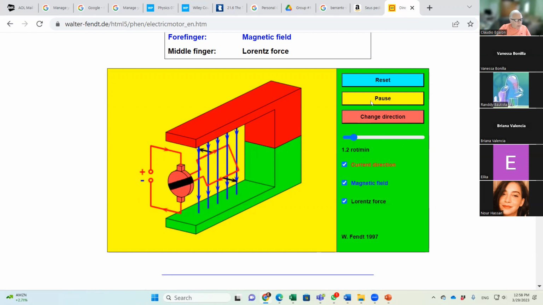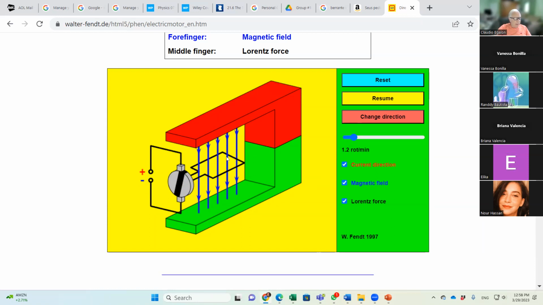And then whenever it reaches a given angle, notice what happens to the force. Okay, right in here. Here's the battery, right? Current is flowing in this direction.